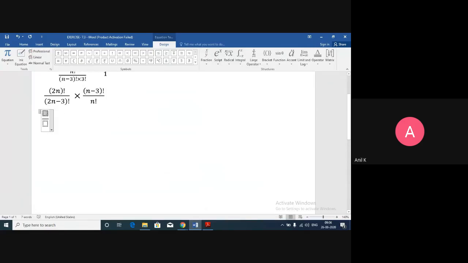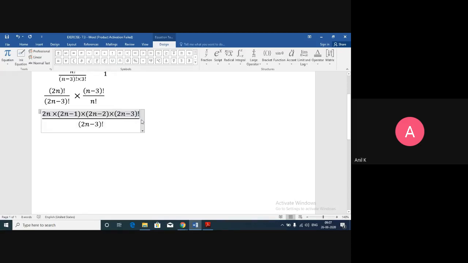It can be 2n multiplied by 2n minus 1 multiplied by 2n minus 2 multiplied by 2n minus 3 factorial, I stop here, upon the denominator 2n minus 3 factorial. This is what I expanded, 2n factorial till I reach 2n minus 3 factorial.